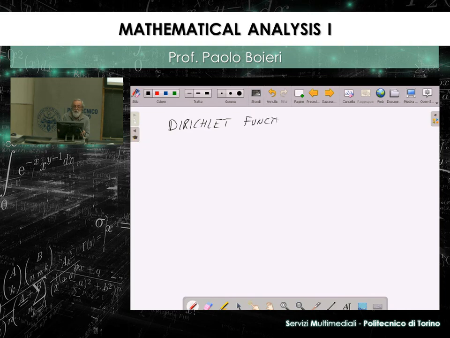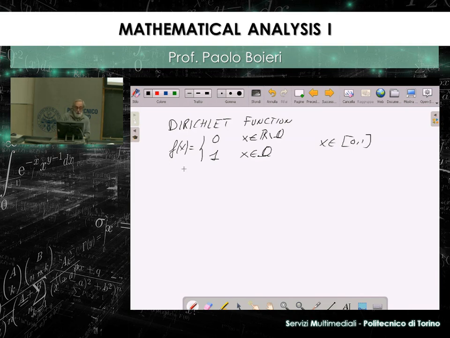And this is the function that we define, the Dirichlet function, in the interval 0, 1. And we put this function to be 0 if x is not a rational number, and 1 if x is a rational number, x belonging to 0, 1.